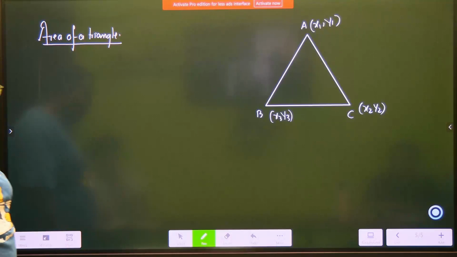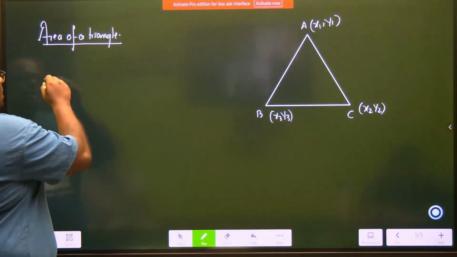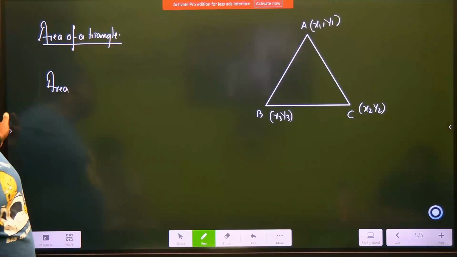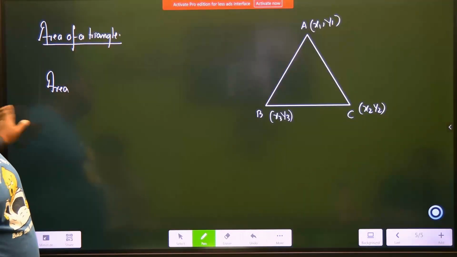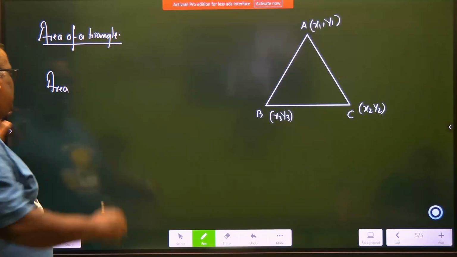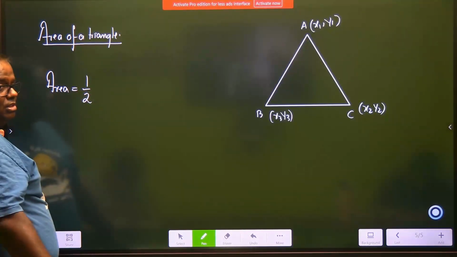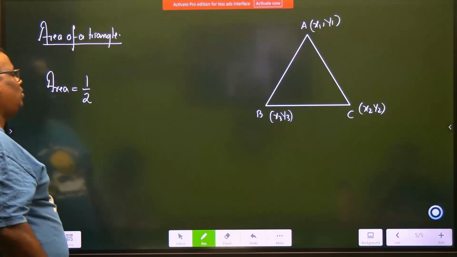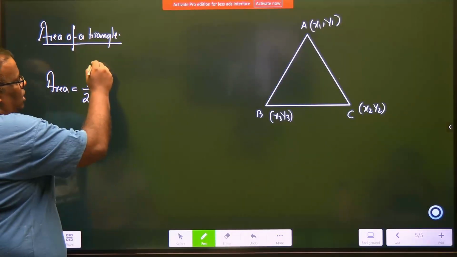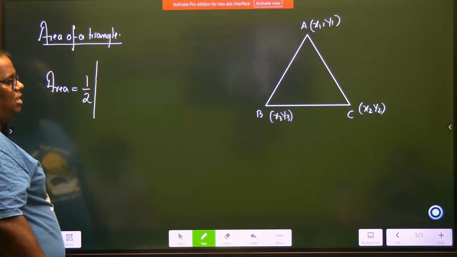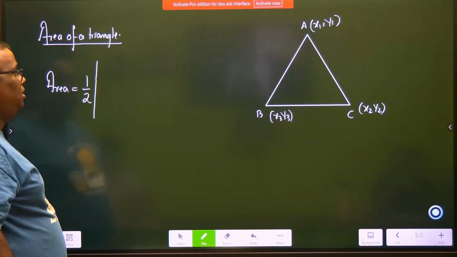Now, depending on what order you take, you might come up with a positive value or a negative value. But area is always positive. So area is given by, area is half base into altitude. Pay attention here. How to write the formula. Half, we put modulus, means whatever the calculation will come out, irrespective of my mistake, the calculation should always be in such a manner that positive values are given.